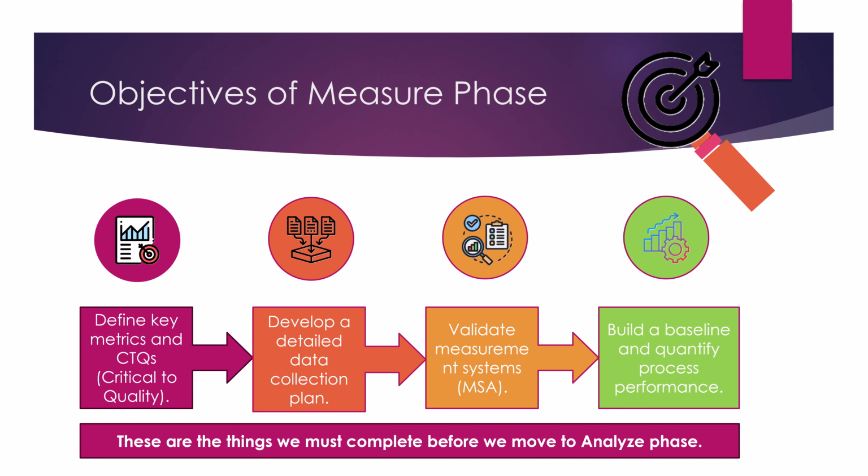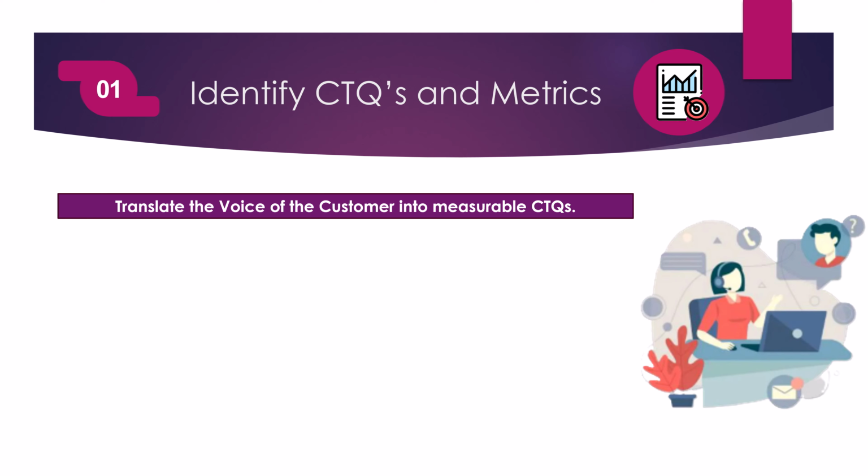Step 1. Translating the voice of the customer into measurable CTQs. Every improvement journey starts with understanding what the customer truly values. When a customer says they want fast response, we cannot stop there. We need to translate that into a measurable term, something we can actually track and improve.